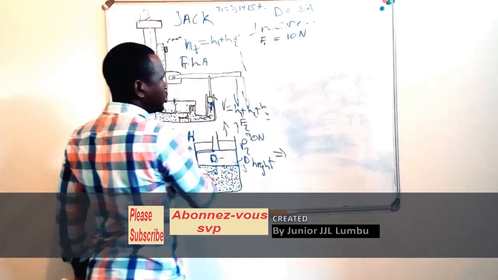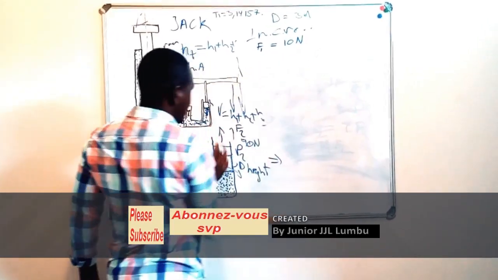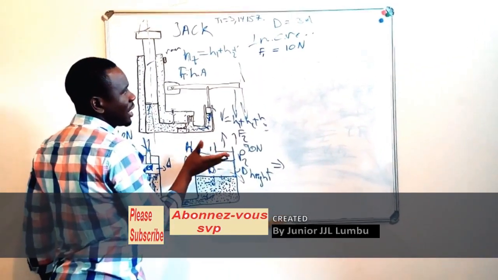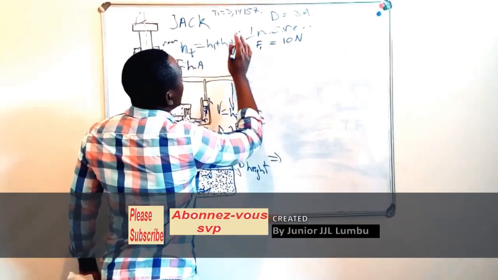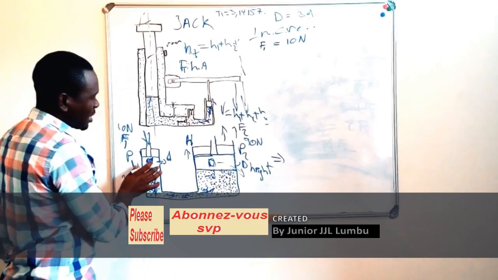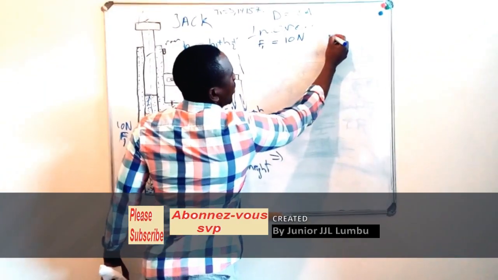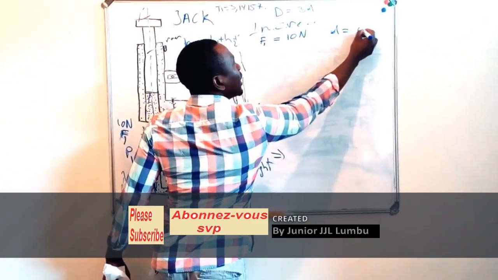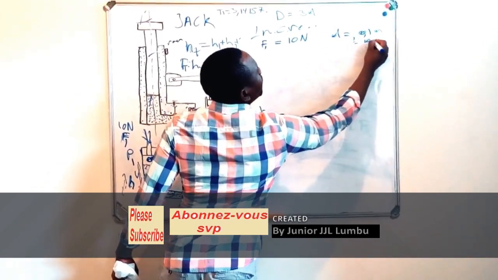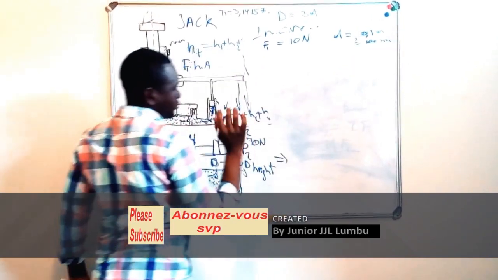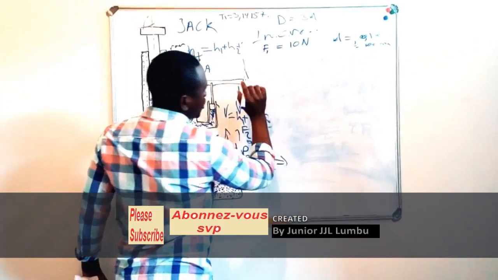If my force here is 10 Newton, then I'm expecting to have an outcome this side. I'm also going to give the size of my plunger. Let's say my small piston has a dimension of 0.1 meter or 100 millimeter.